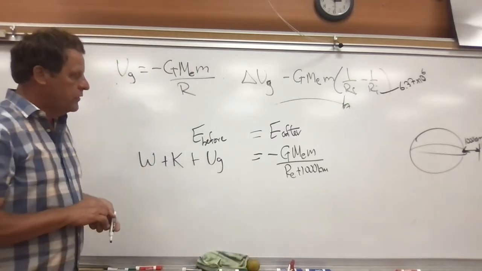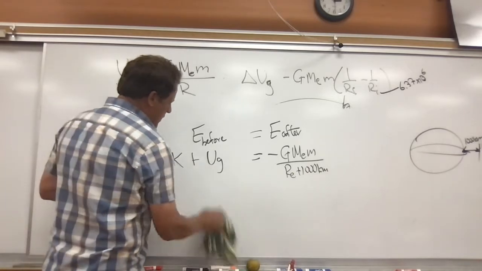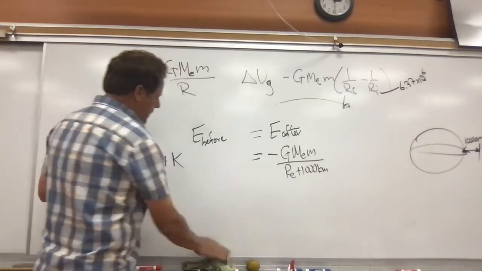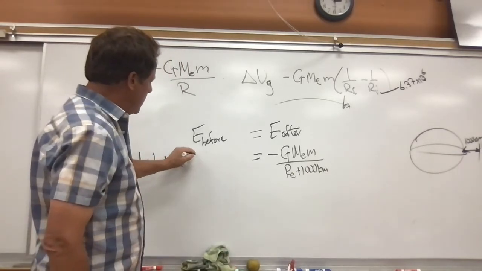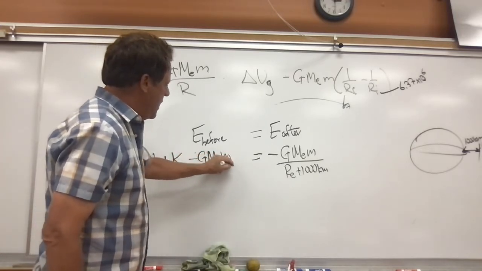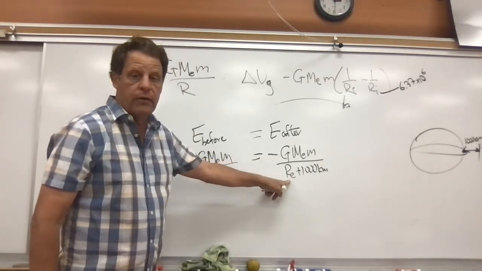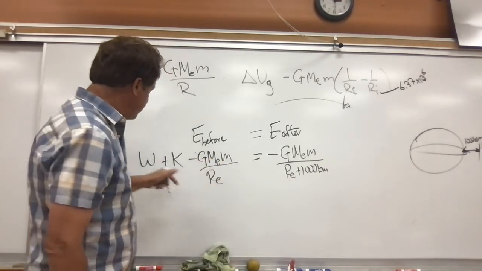Well, what's the gravitational potential energy? The gravitational potential energy here is equal to negative G M_E m over the radius of the Earth, right? So slightly different than that, not as high.